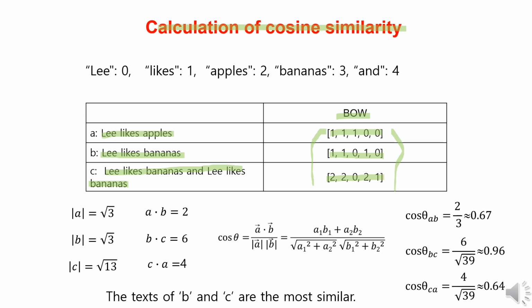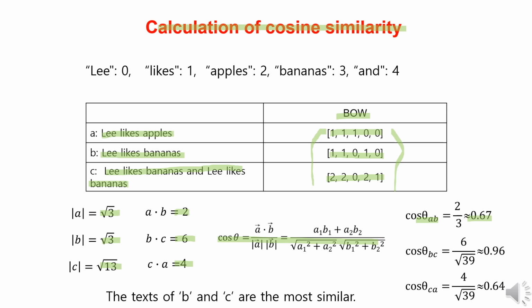Calculating the magnitudes of each sentence vector results in root 3, root 3, and root 13 respectively. The dot products of the sentence vectors are 2, 6, and 4. Using the cosine similarity formula, we find that the cosine similarity between sentences Lee likes apples and Lee likes bananas is 0.67.